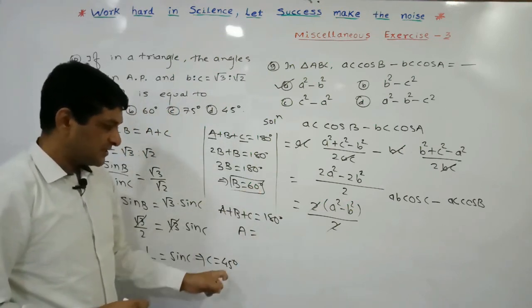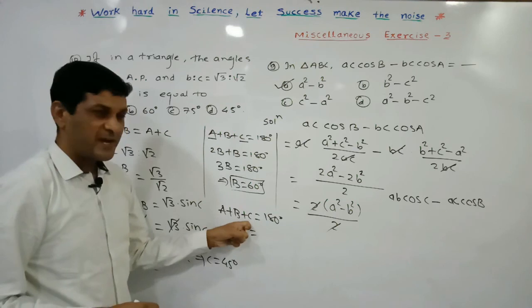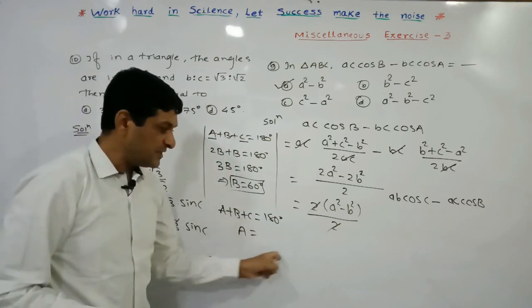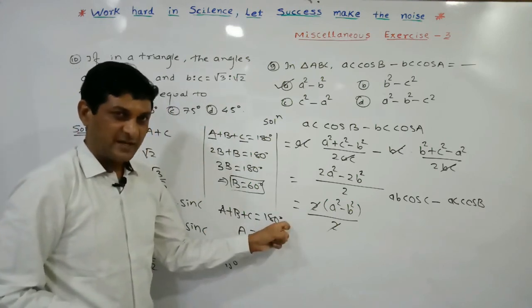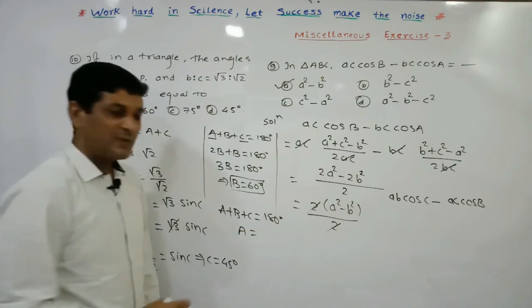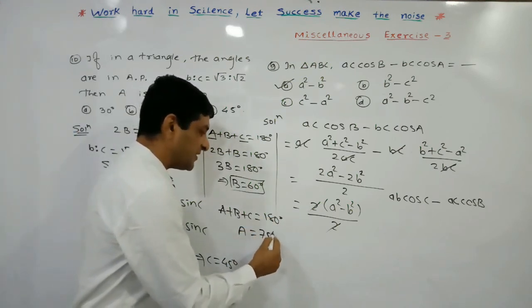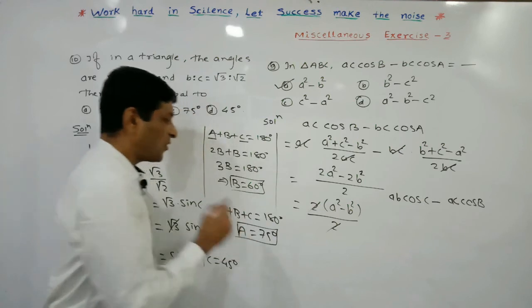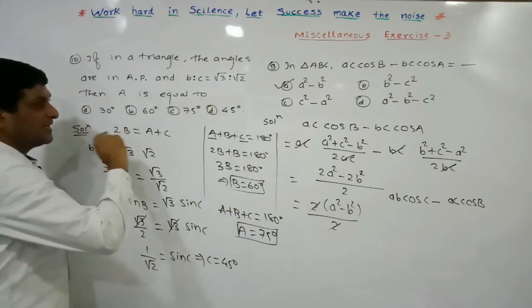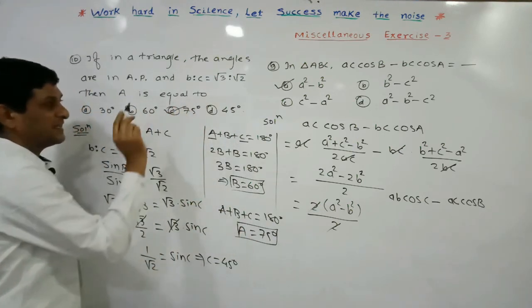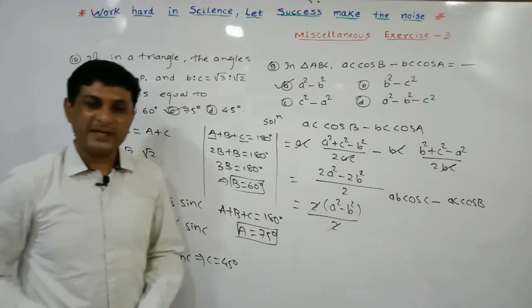B is 60, C is 45. 60 plus 45 is 105. 105 on this side will become minus 105. Means 180 minus 105 will be equal to what? 75. In this way we have got the measure of angle A. Angle A is equal to what? 75 degrees. So option C will be the correct answer here.